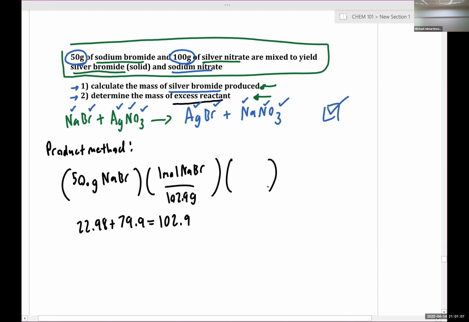Now we're going from grams of sodium bromide to grams of silver bromide.